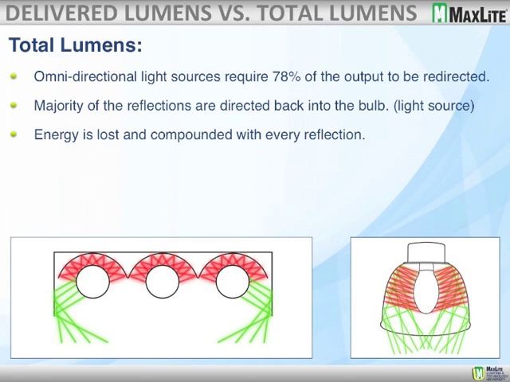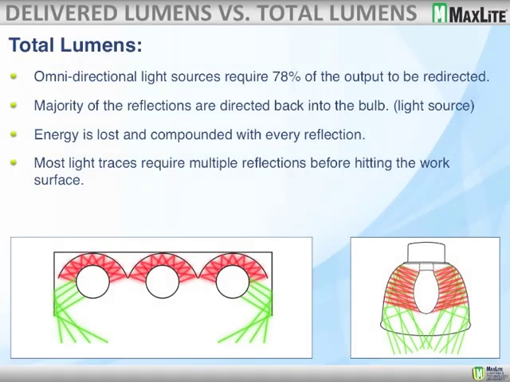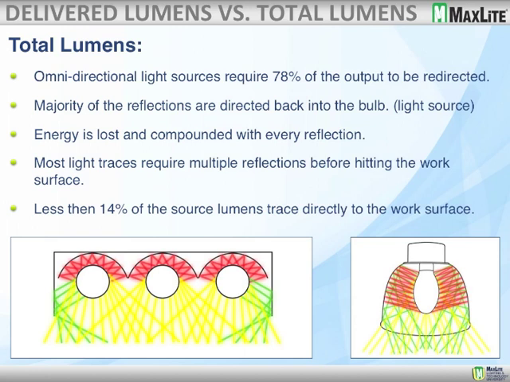And in green, what you see is light that's reflected at least once before it leaves the fixture. Most light traces require multiple reflections before hitting the work surface. About 15% or less of the light in these traditional fixtures actually traces back to the work surface, which is what the yellow represents.